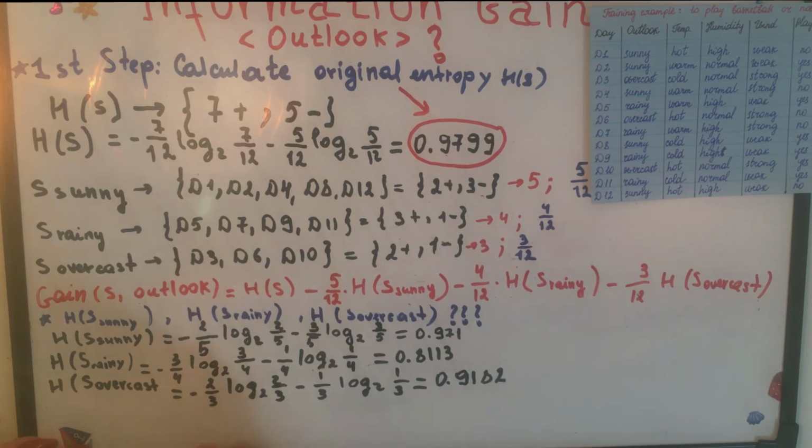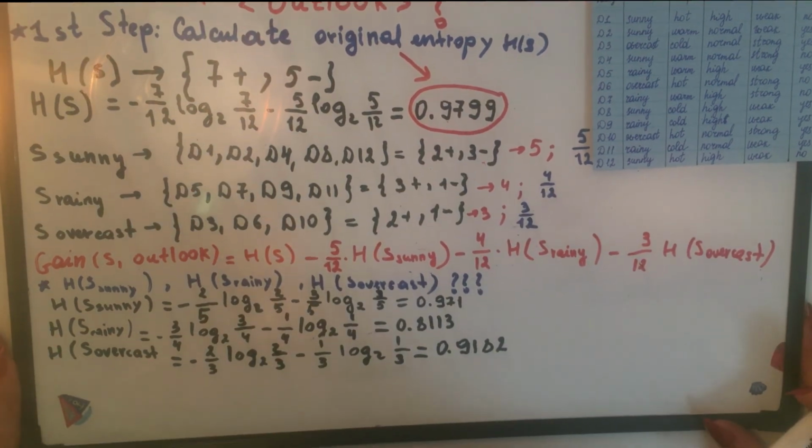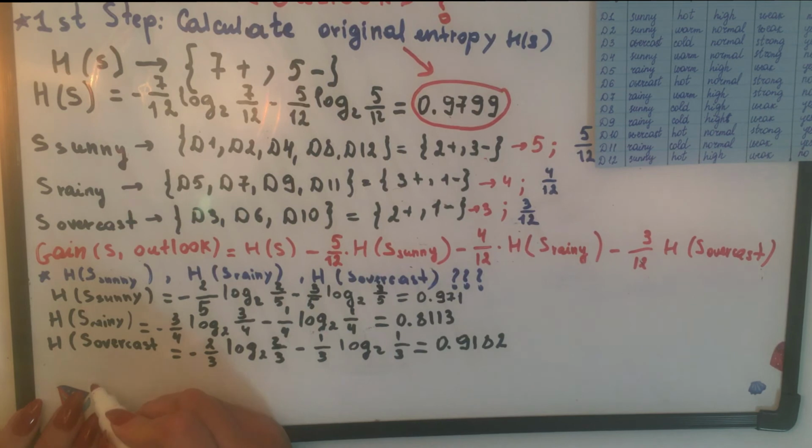In this last step, we will put all values that we just found. Instead of H of S, we will write entropy's real values that we just calculated.